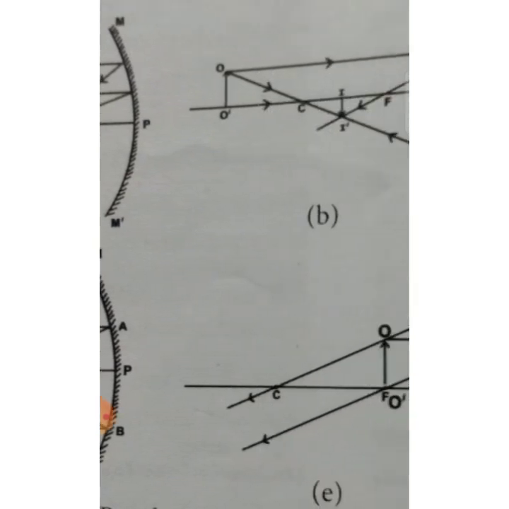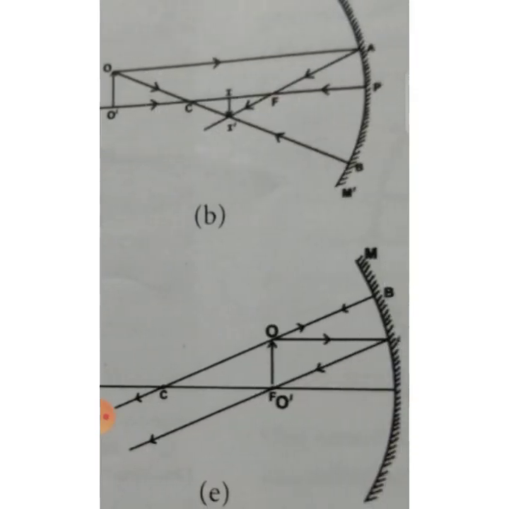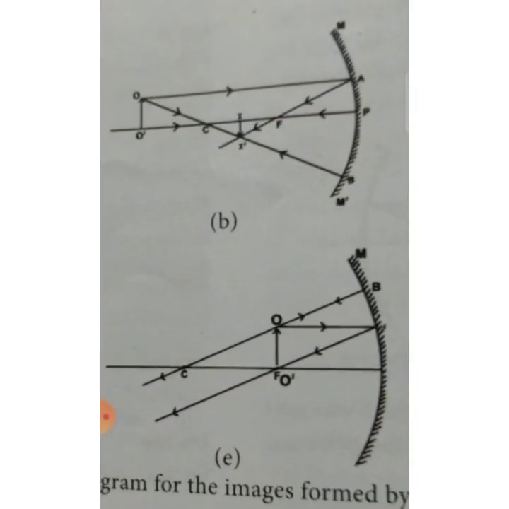Next, B. See picture B. Here O dash is the object. You can see the object is placed beyond the center of curvature.